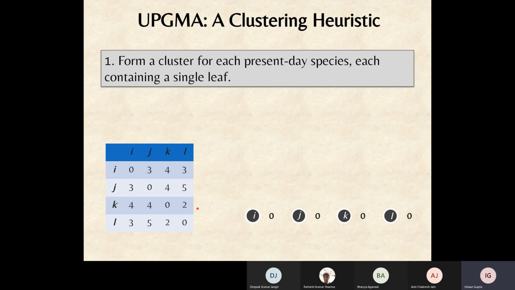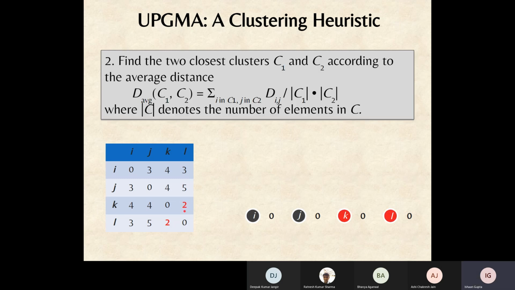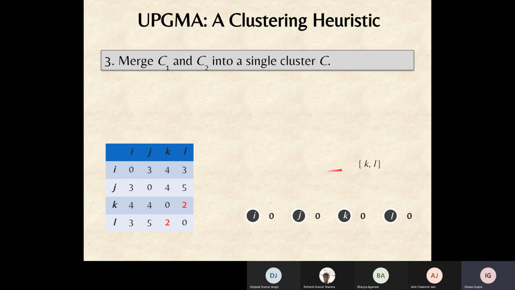Now, if they are connected, that essentially means that the distance from them to an internal node is going to be equal. So you put an internal node which connects K and L. The distance between K and L now gets distributed from this internal node to these leaf nodes.